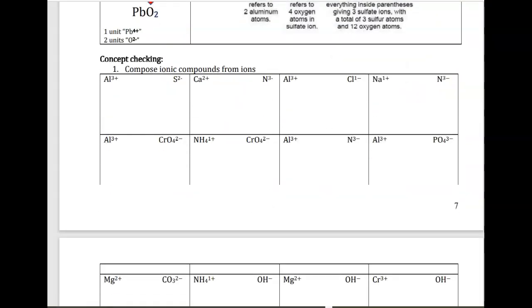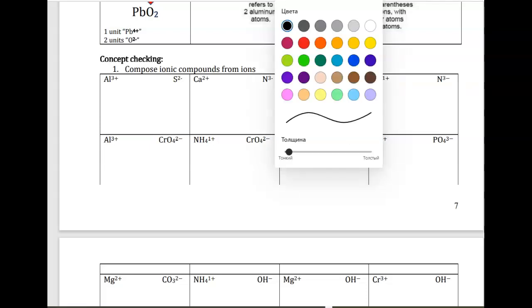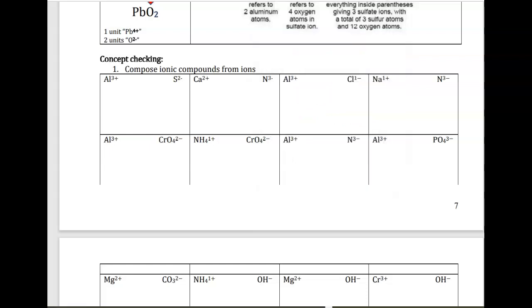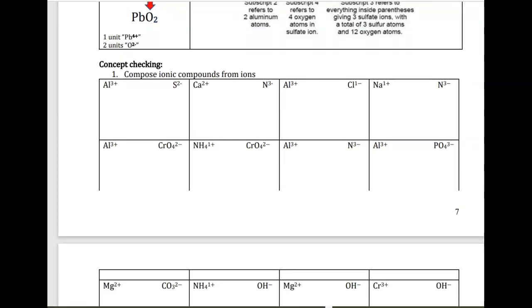For example, let's do some together, and it will become clearer how to do this. So we have an ionic compound which is formed with aluminum 3 plus and sulfide 2 negative ions. So I will write it down.